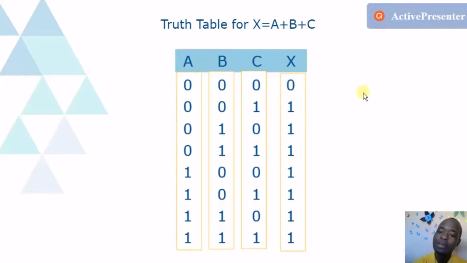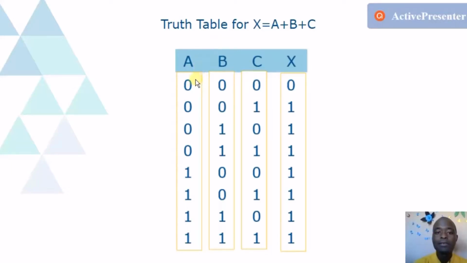Now this will be 2 raised to the power of what? Raised to the power of 3. That's 2 raised to the power of n, and our n is the number of inputs. Now in this case we have 3 inputs, A, B and C. 2 raised to the power of 3 will give you 8. You have 8 digits running vertically: 1, 2, 3, 4, 5, 6, 7, 8.